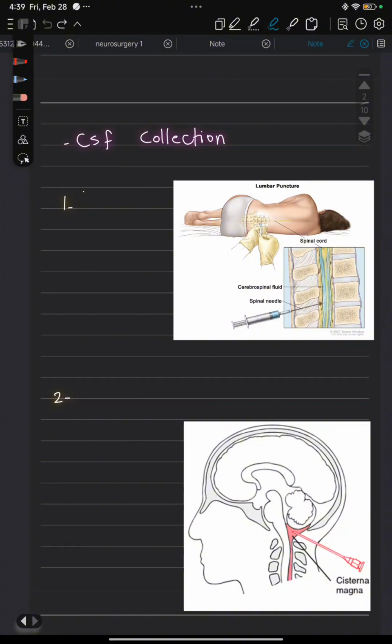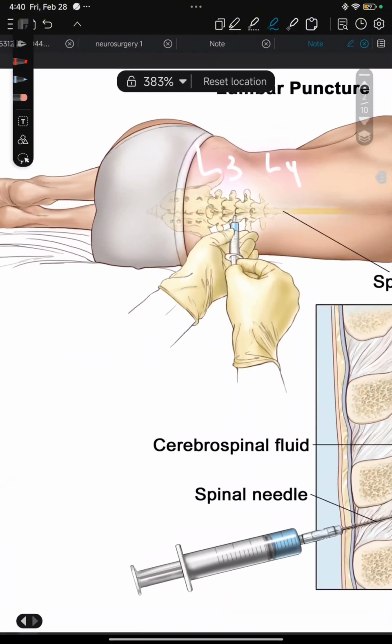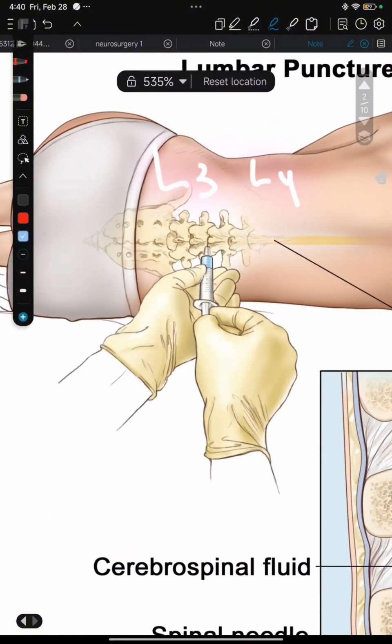So we have first lumbar puncture, which is the most common method where a needle is inserted in the lower back, between L3, L4. L3, L4 is the safest area to insert the needle without hurting the spinal cord.